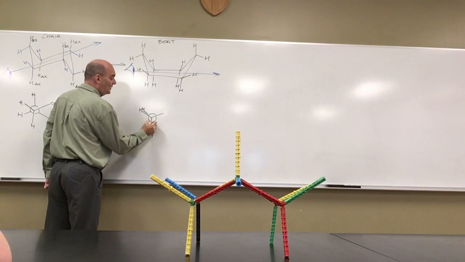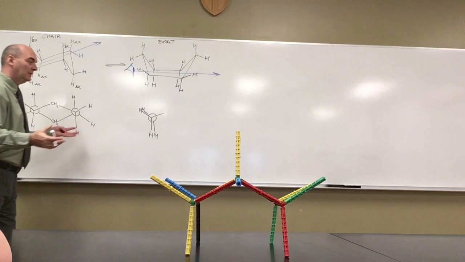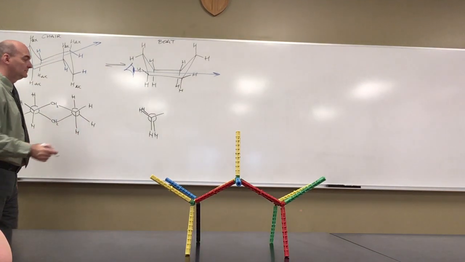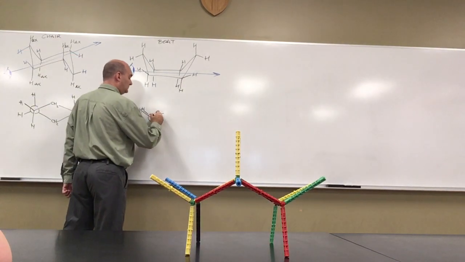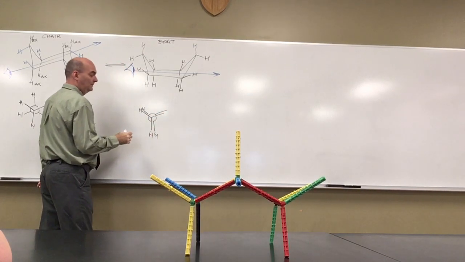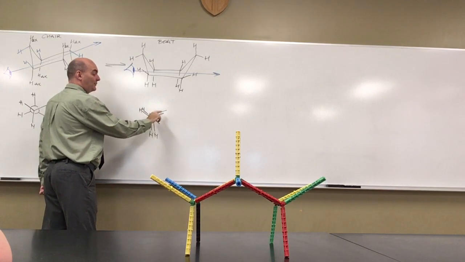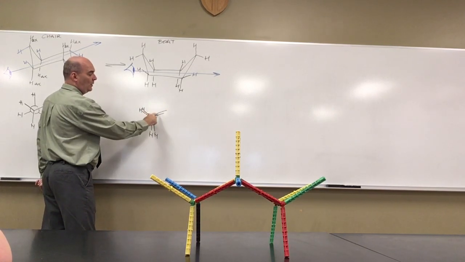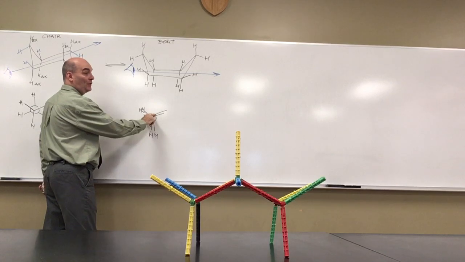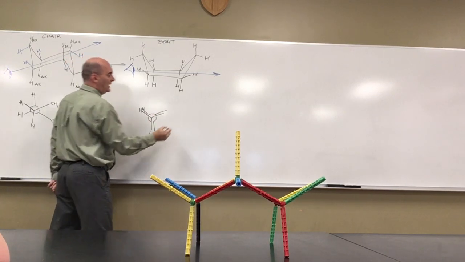So write those bonds as close as you can get to one another that are still legible. One of these bonds manages to get through the circle, and the other one emanates from the circle. Tells me that this bond is at the front, and that bond is at the back.